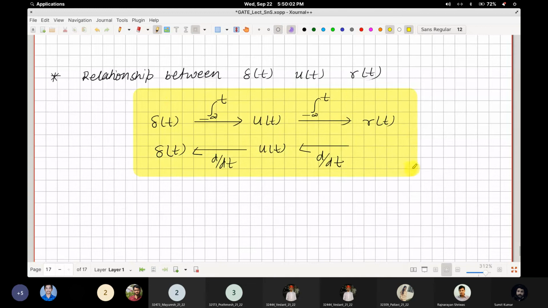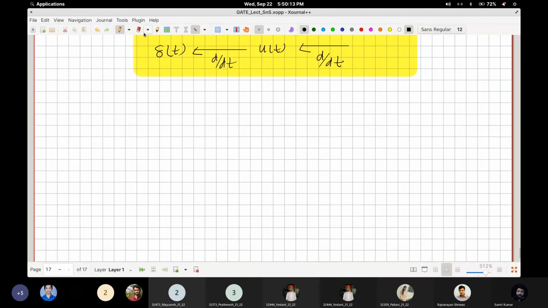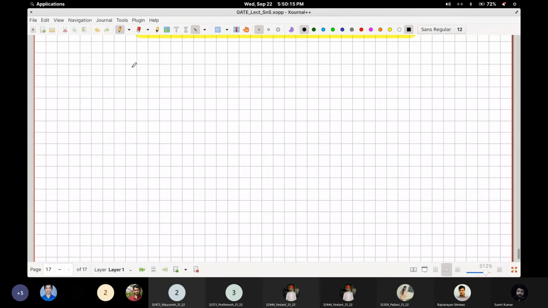So this is the relationship, but we are also going to prove it. Let's see that. Now tell me, let's say I have to compute the integral from minus infinity to t of delta(t). What is this going to be equal to? Can somebody tell me? If t is less than 0, then what is this value going to be?